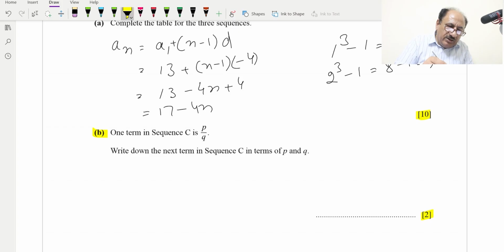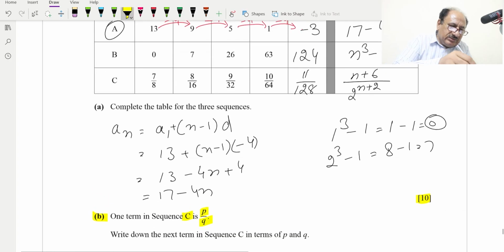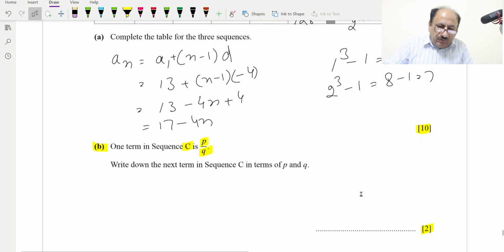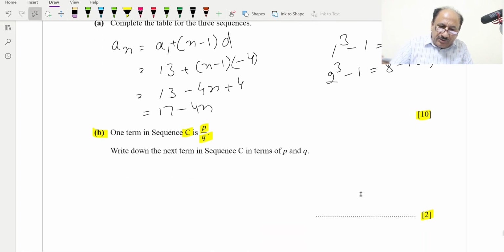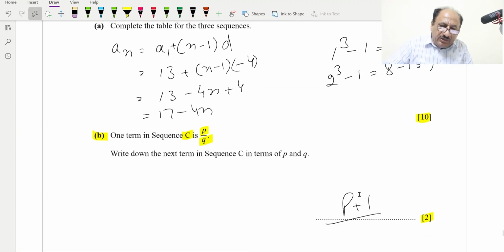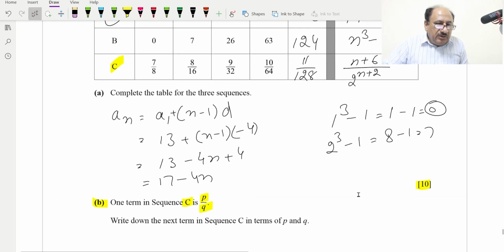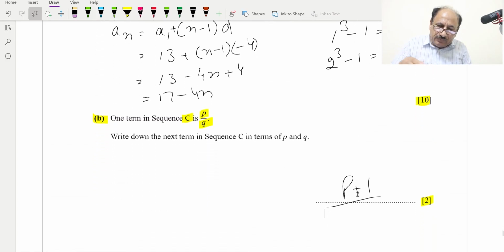Now the final part, B part, is this one. One term in sequence C is P over Q. P over Q in C is this one basically. So for P, what will the next term be? For the next term we are adding just 1 to the numerator. So it will be P plus 1 for the numerator, and what will the denominator be? The denominator will be basically double of the previous term, which is q.